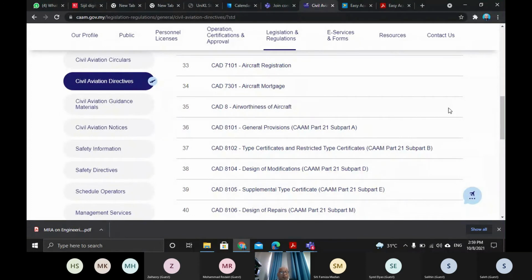Most countries like Singapore and most other countries have this CAT. They have Part 21 in one document. For Singapore, they call it SAR 21, Singapore Aviation Regulation 21. Kita Part 21 tu tak ada, hidden. Tapi subpart tu ada. Subpart A, Subpart B, Subpart D, Subpart E, Subpart M, semua ada.